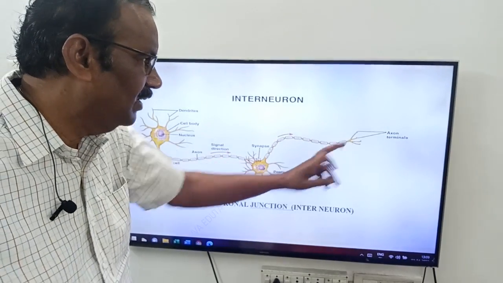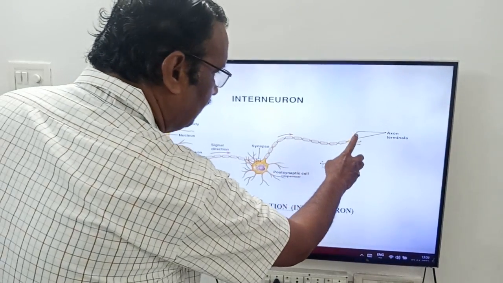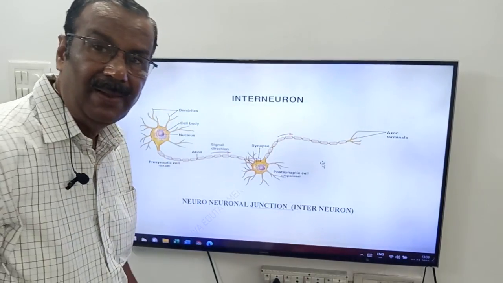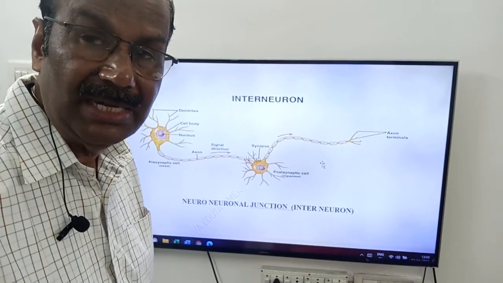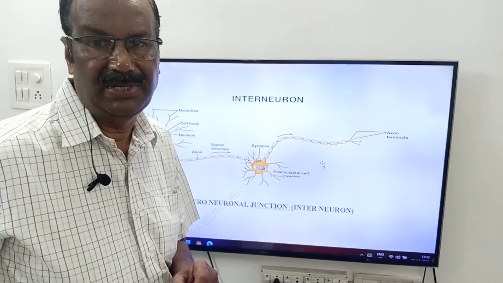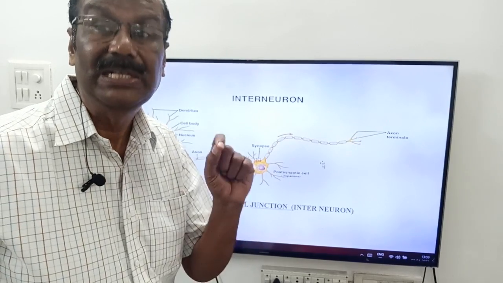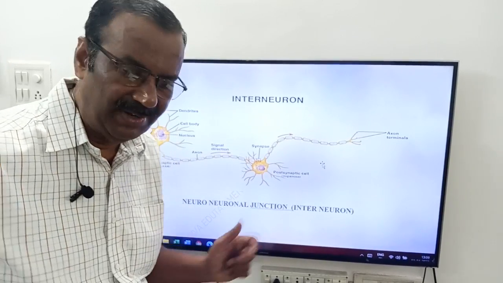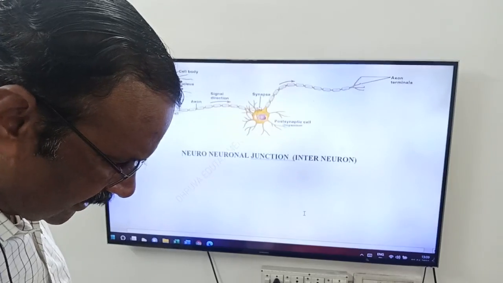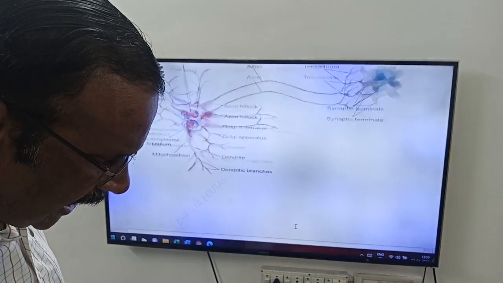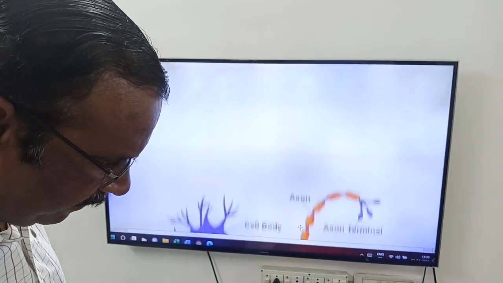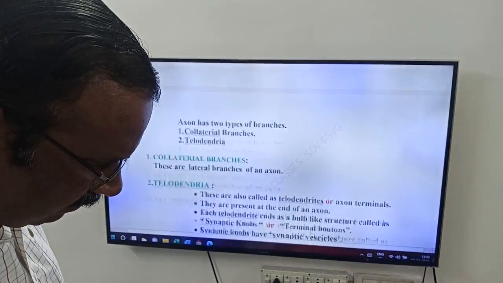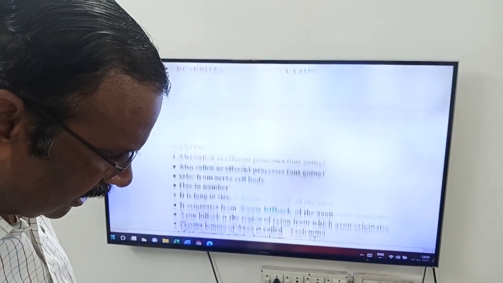Okay, what are these, friends? Axon terminals. Here we have some bulb-like structures. They are called axon terminals or terminal boutons. They have what? Synaptic vesicles. Okay, friends. This is about the structure of a multipolar neuron.